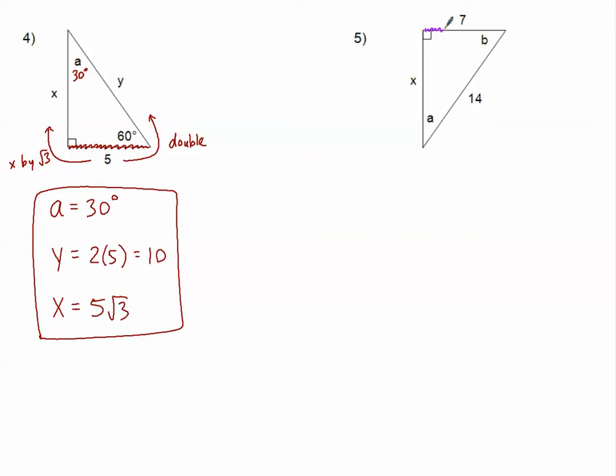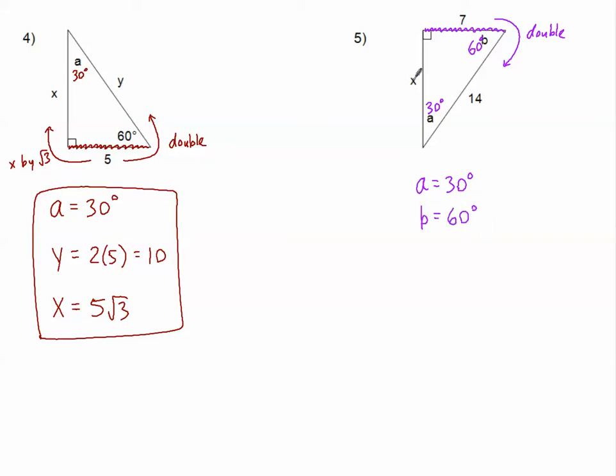So this must be the shorter leg, and since this shorter leg is 7, and that is multiplied by 2 to get 14, this must be following our pattern. So this must be a 30 degree, 60 degree, 90 degree right triangle. So I've got 2 of my angles. A is 30 degrees and B is 60 degrees.